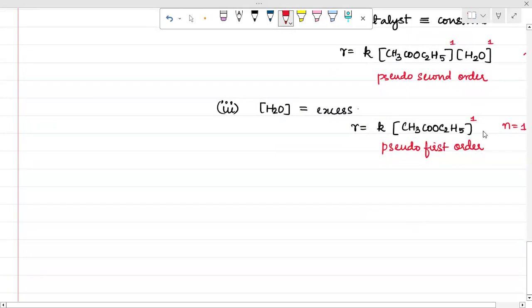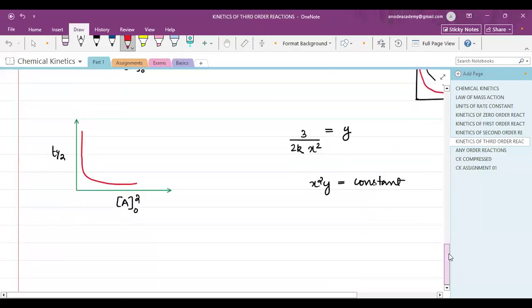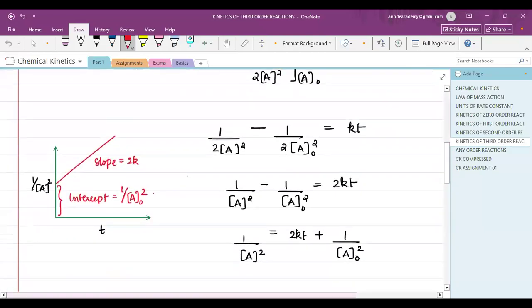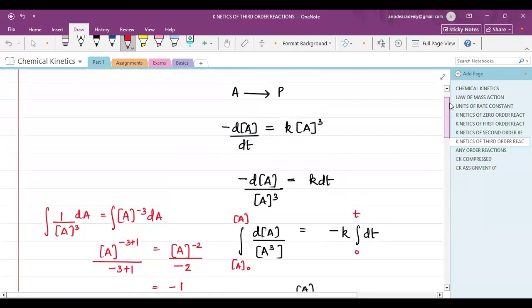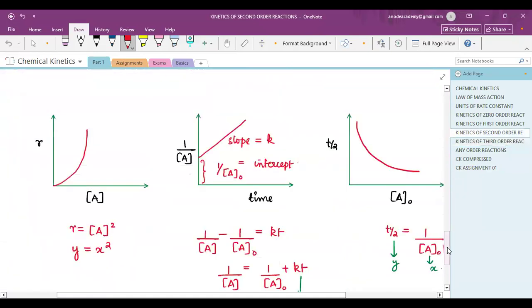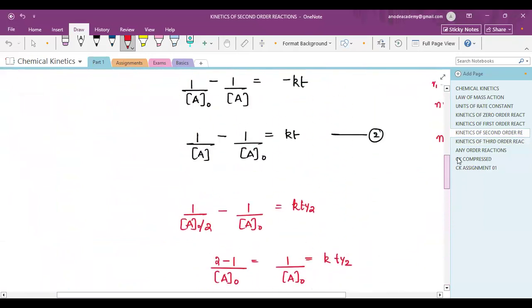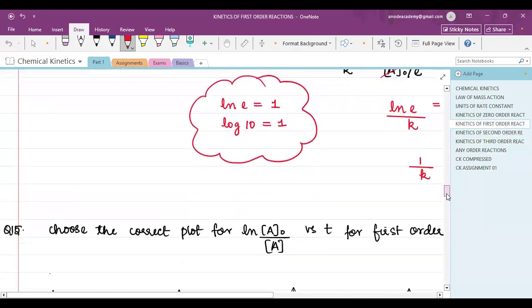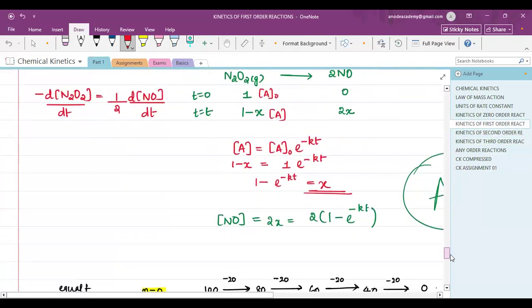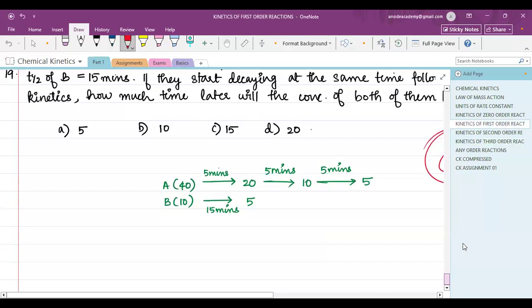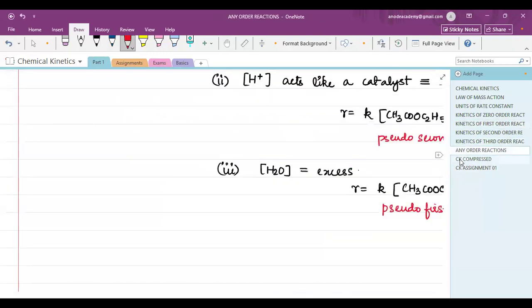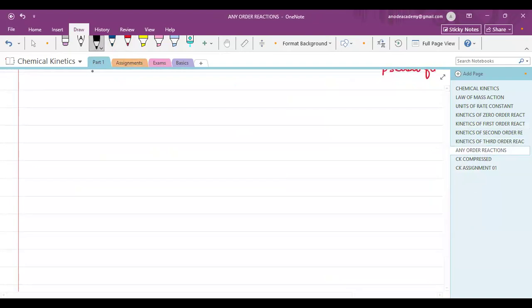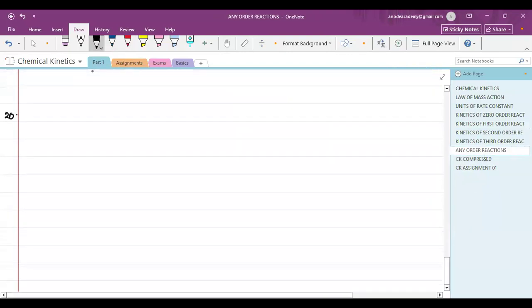Question number 20. Question number 20 of chemical kinetics. Note it down.